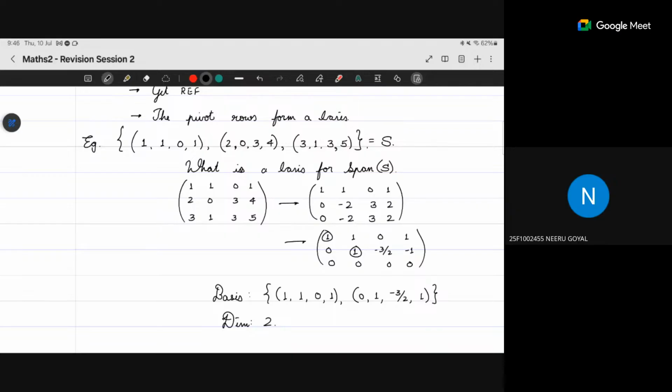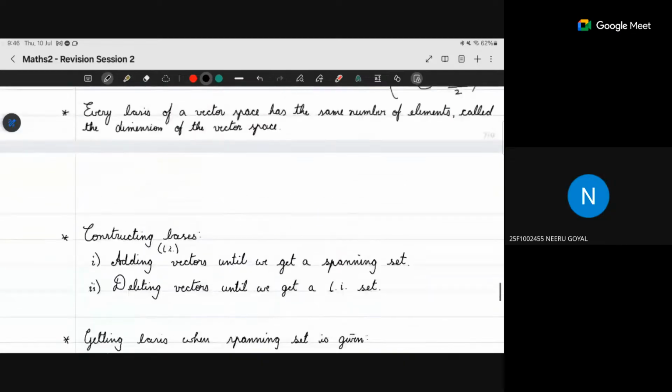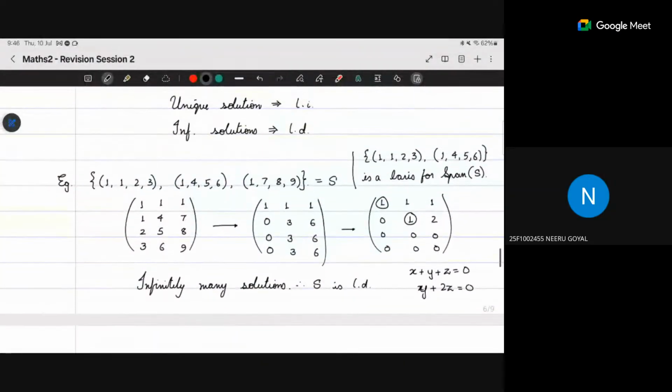Okay, got it, sir. And just one small doubt. Can you please go above, to that previous example which I asked earlier, the basis one? Here we have y is equal to minus 2z and x is equal to z, right? No, x is equal to minus y minus z. When we substitute the value of y, which is minus 2z, x you'll get z, and y is minus 2z.